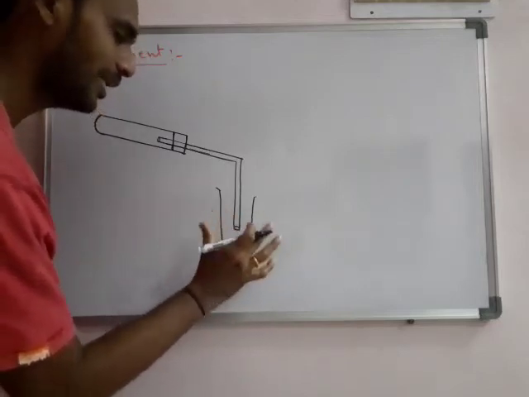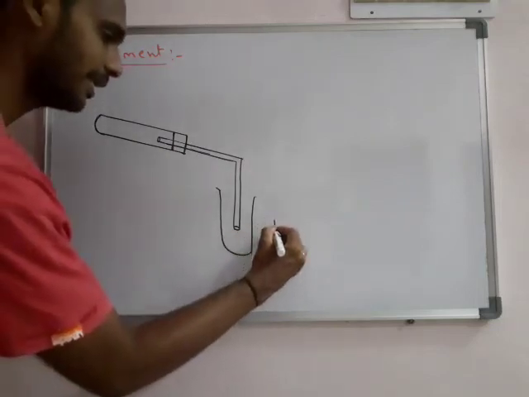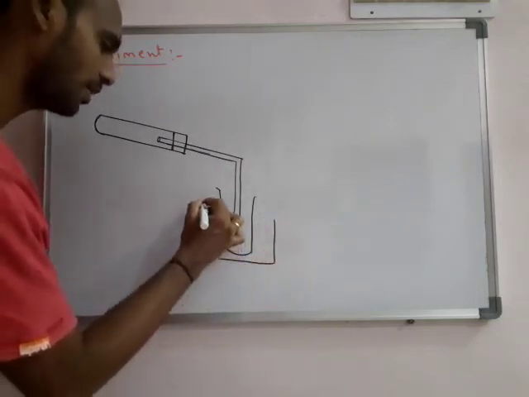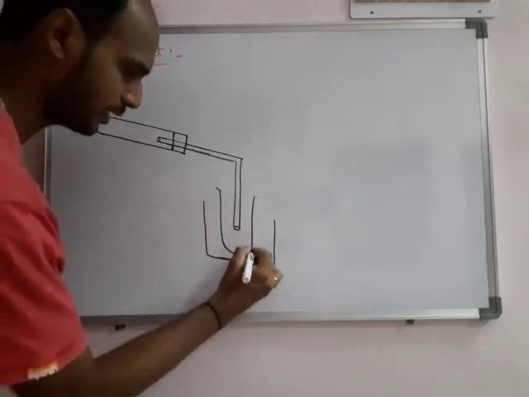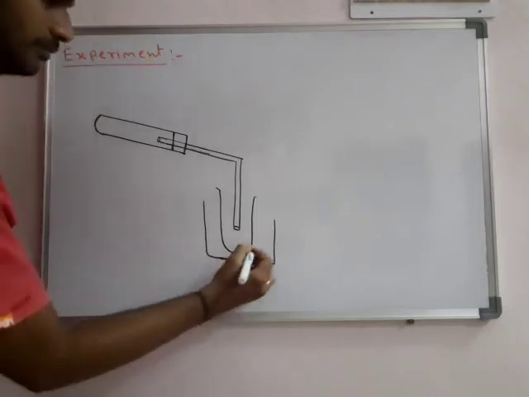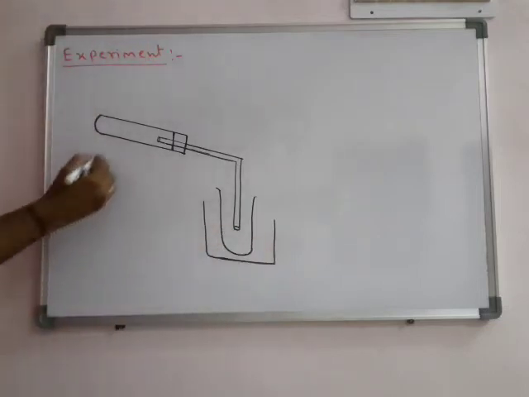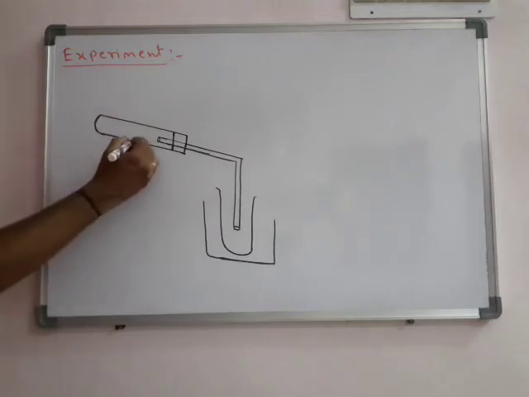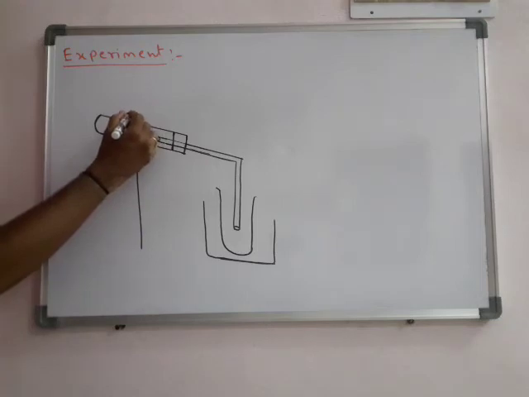This dry test tube is fixed in a container of water, perfectly fixed there. Next it is put into a stand perfectly; to keep it at this angle, we have to fix it to a stand.